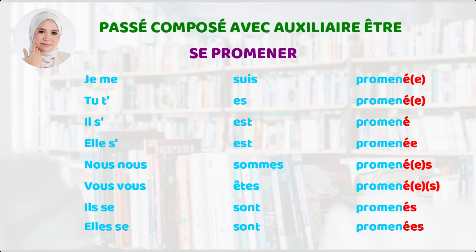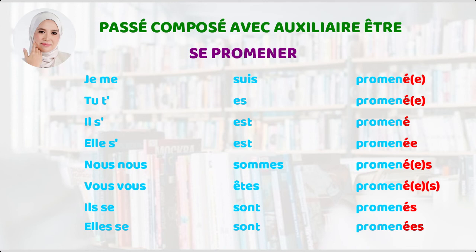Verb pronominal is what? When you have a verb constructed with se. Se promener means to go for a walk. So the last verb shown here is the verb pronominal, which is also using auxiliary être with the endings that we have just seen earlier for both genders and quantity: masculin, féminin, singulier, pluriel, male, female, singular, plural.